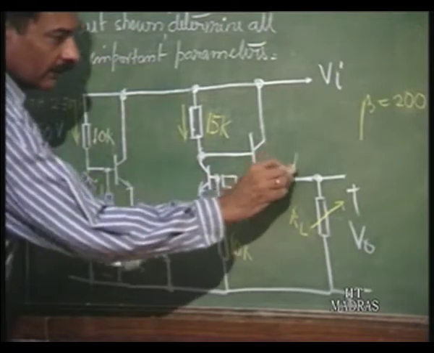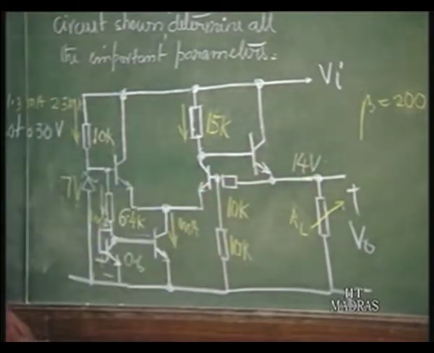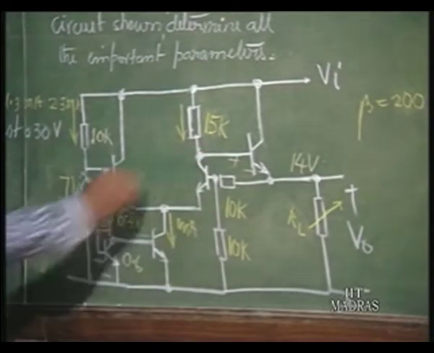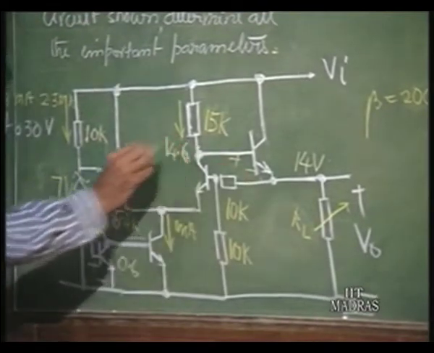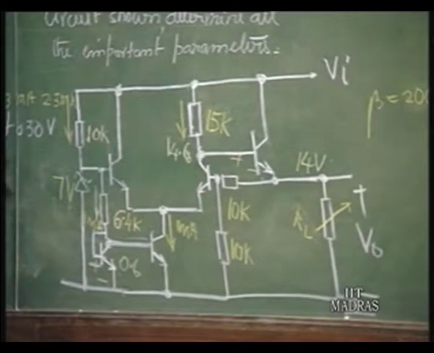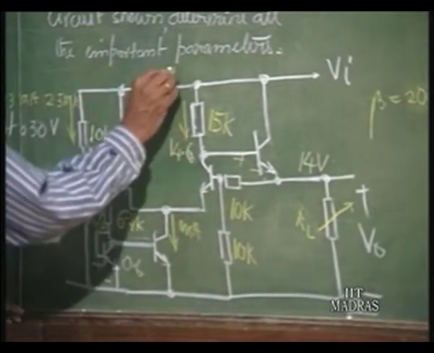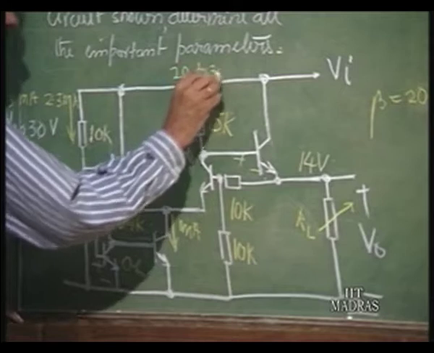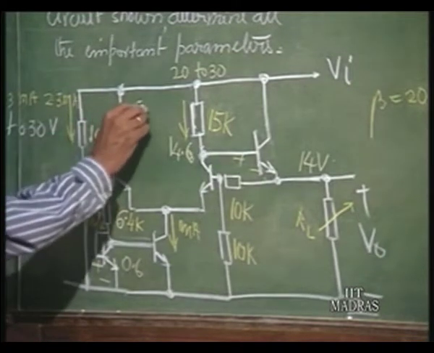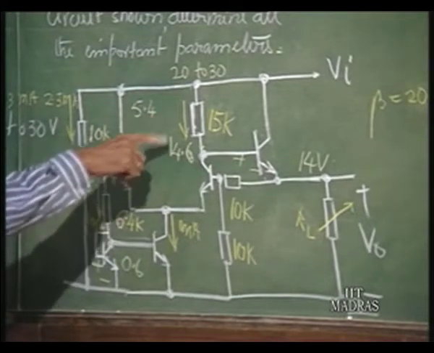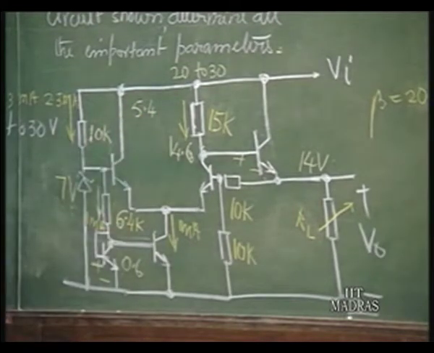This is 14 volts, and this is 14.6, let us say, V gamma more. So, this voltage is going to change from 20 to 30. That means the voltage across this is going to change from, let us say, 5.4 to 15.4 volts.